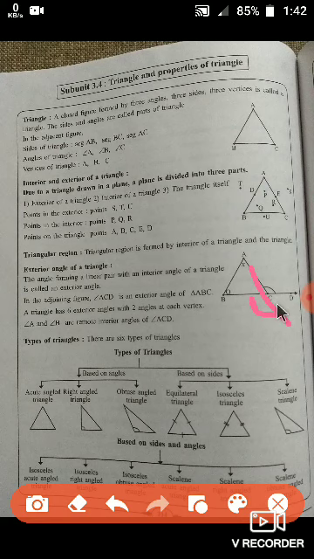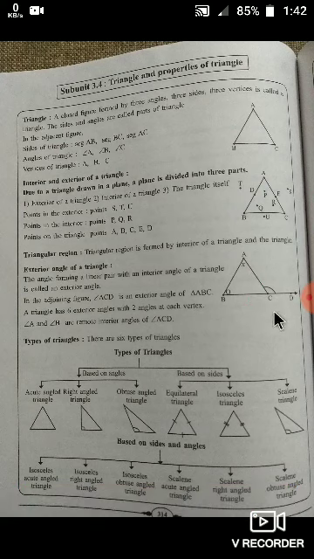Okay. So at each vertex we can draw two exterior angles, meaning 2 plus 2 plus 2, so a total of 6 exterior angles. A triangle has 6 exterior angles with 2 angles at each vertex.